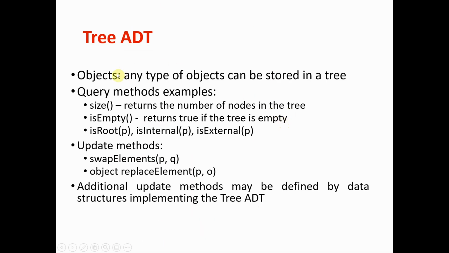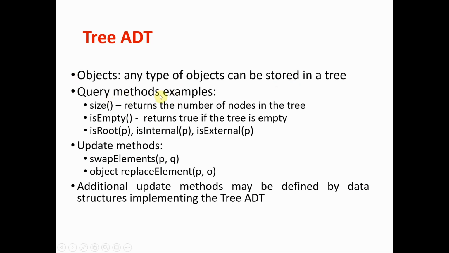The values that we store in the nodes can be of any data type that we have, so we can have any type of objects. It can be a string, it can even be non-primitive data types, integers, characters, doubles, and so on.